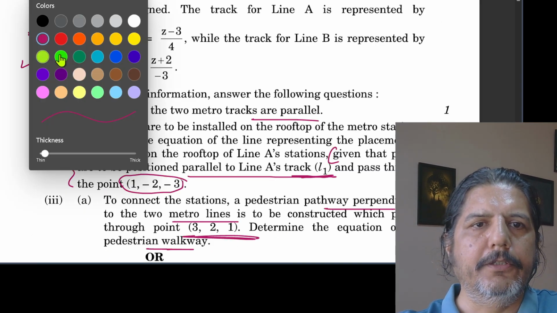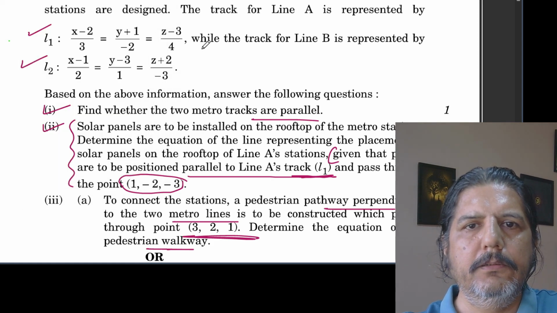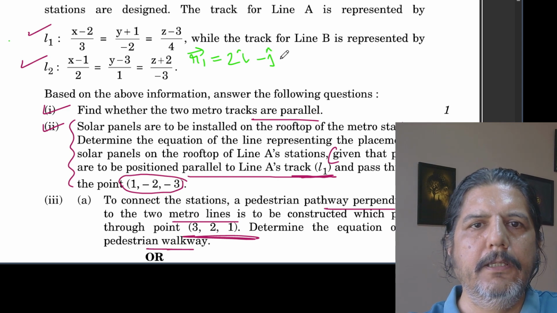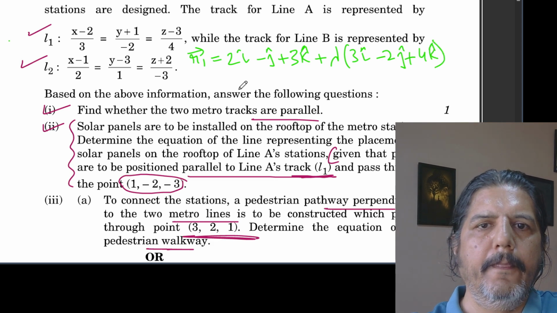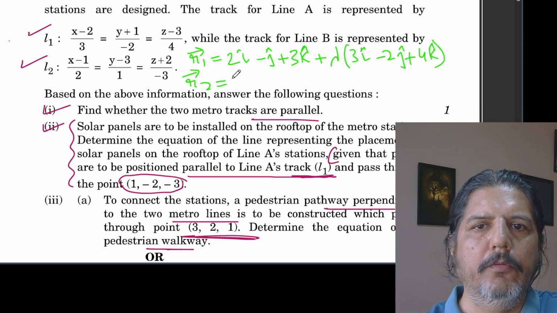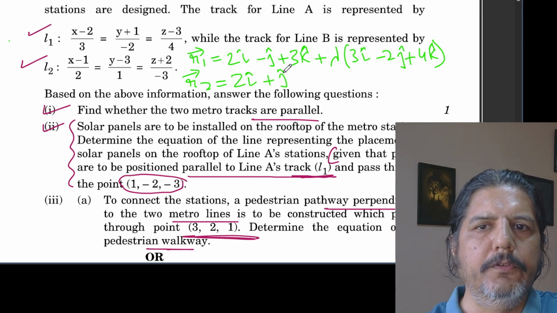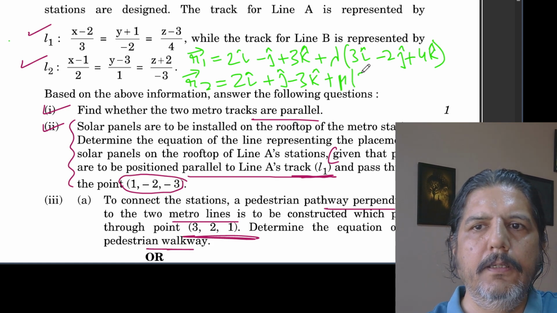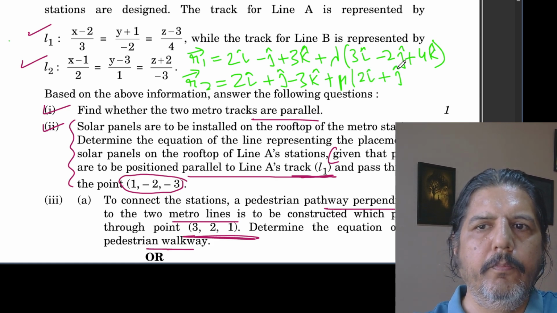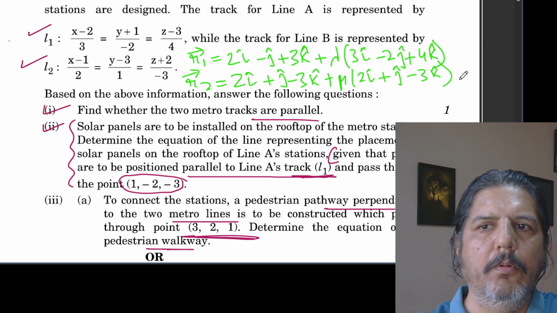First, let me write this in vector notation. I can write this line as R1 = 2i - j + 3k + lambda(3i - 2j + 4k), and R2 would be equal to 2i + j - 3k + mu(2i + j - 3k).